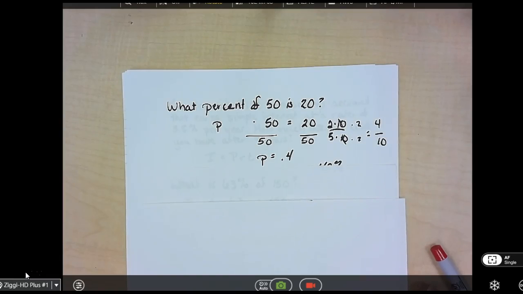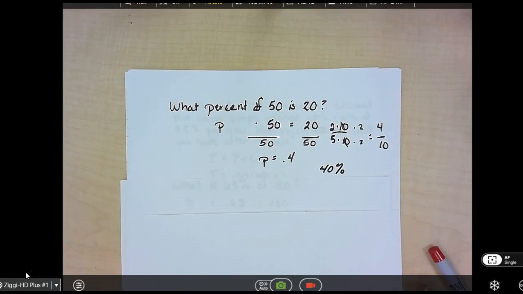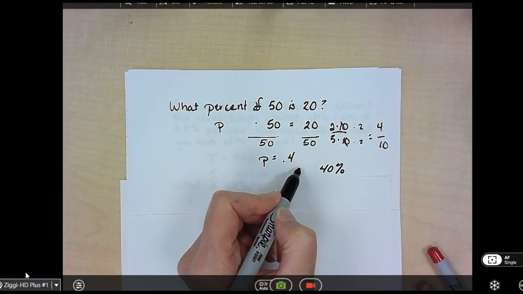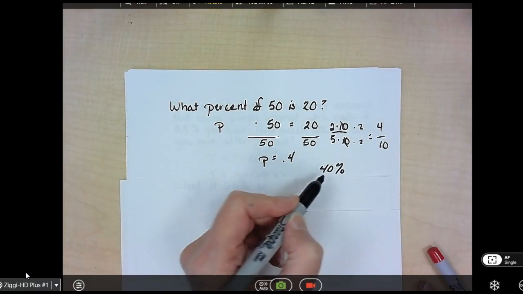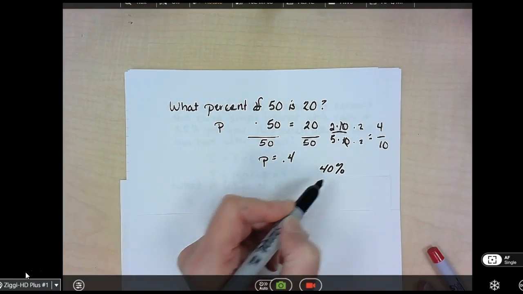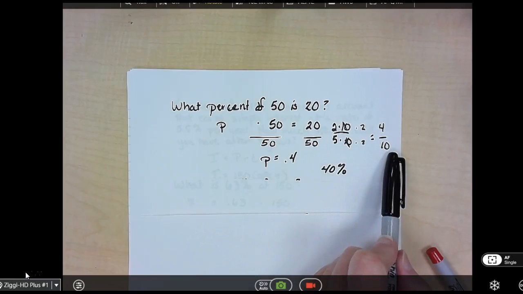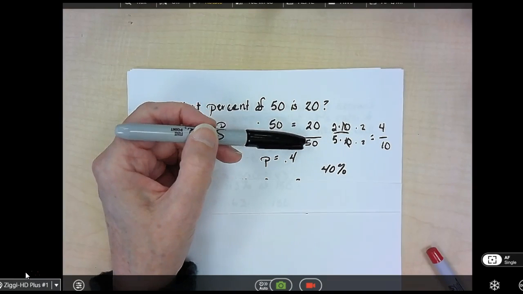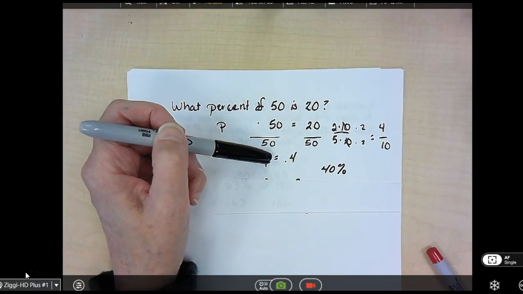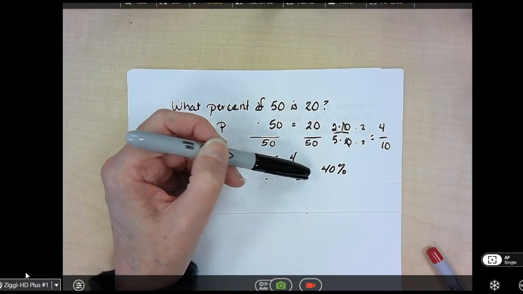And then 4/10, when I convert it to your percent, is just multiplying by 100, or moving your decimal place 2 to the right. You've been working on those also, so we can convert it to our percent. If you don't want to do it all in your head, put 20 divided by 50 in your calculator for your 0.4, and then convert it to your percent.